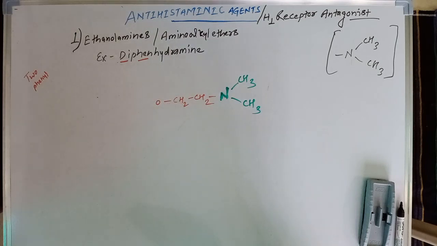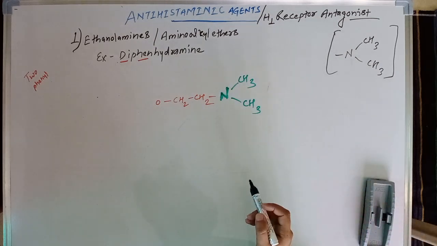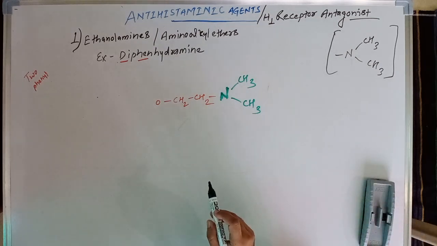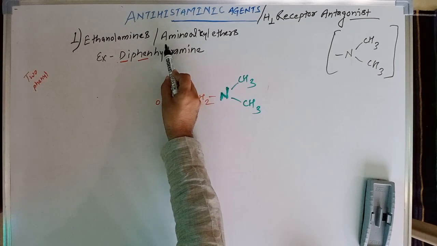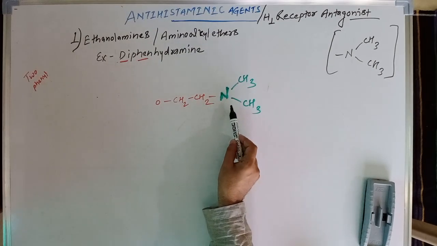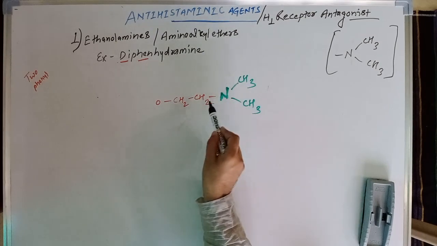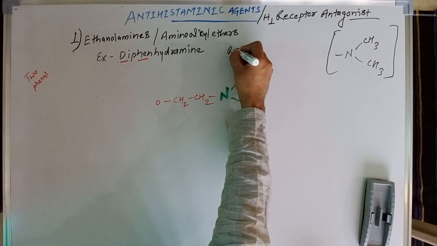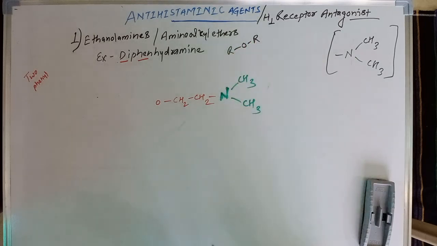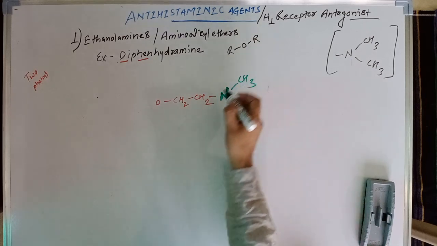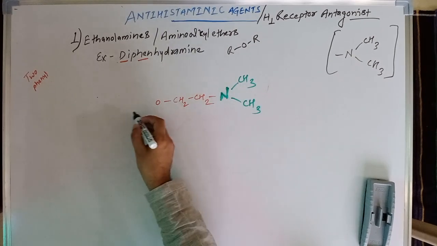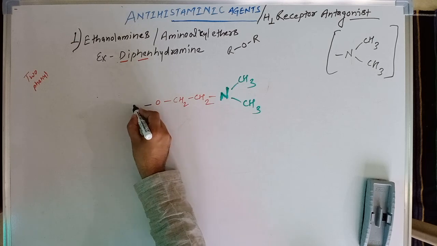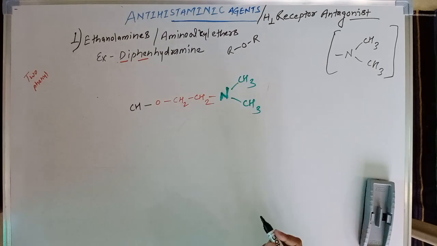How can we draw the structure of diphenhydramine? Before putting the diphenyl group, we have to focus on this structure, amino-alkyl ether. So this is the amino-alkyl group, and ether has another R moiety, ROR, the functional group. This part is R, this is oxygen, and here is another R, where only a CH group is there.